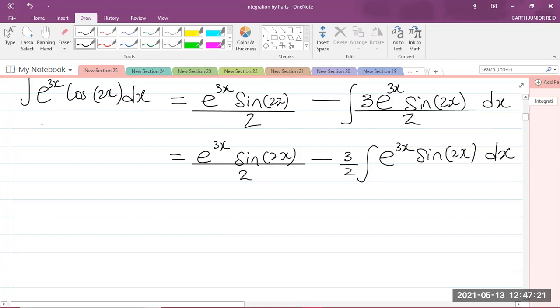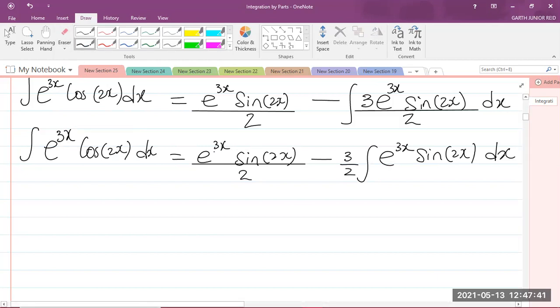And that is going to be the integral of e to the 3x multiplied by the cosine of 2x dx. Okay? That is my answer for that integral there. Okay, good.